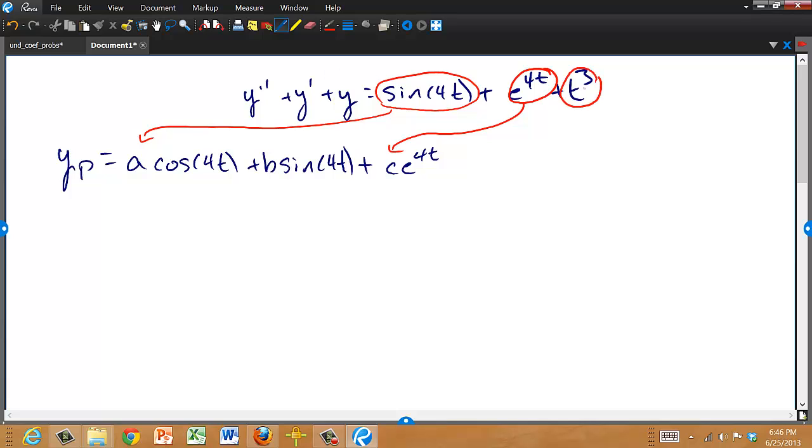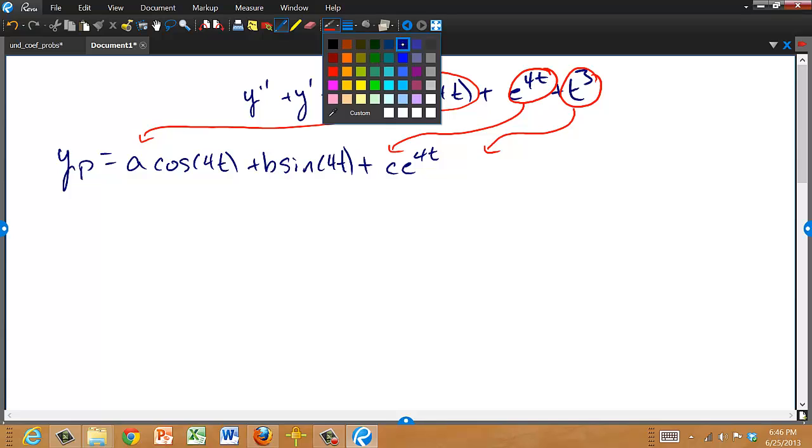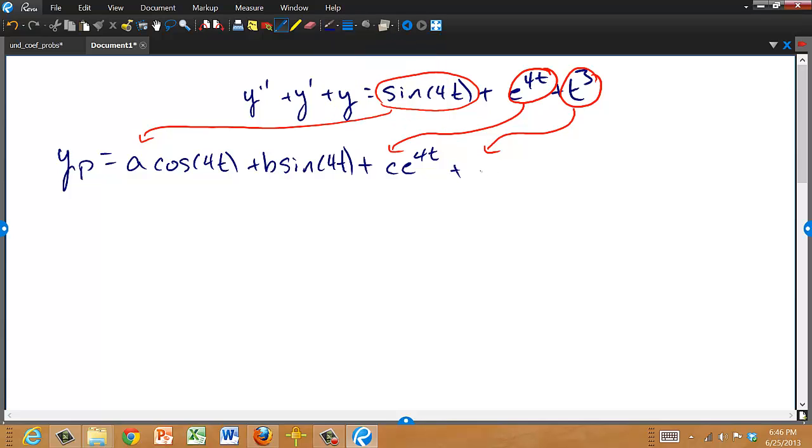And corresponding to the t cubed term, we'll guess that there is a dt cubed plus, I don't really like to use e as a coefficient, so I'll skip it and go to ft squared plus gt plus h.